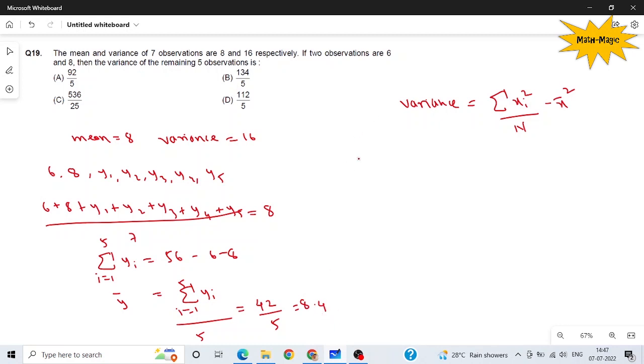Now what we have to find is the variance of y. We know the variance of the initial 7 values.